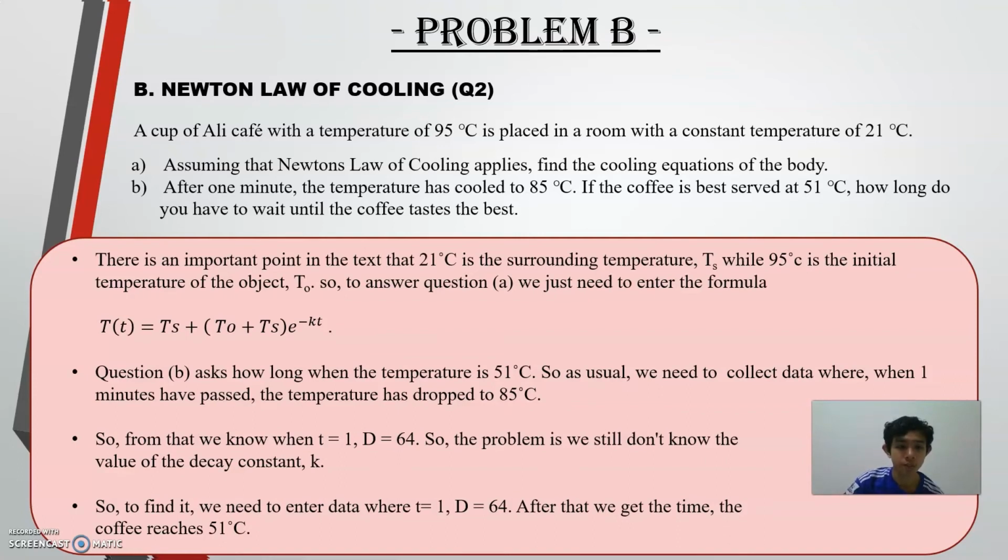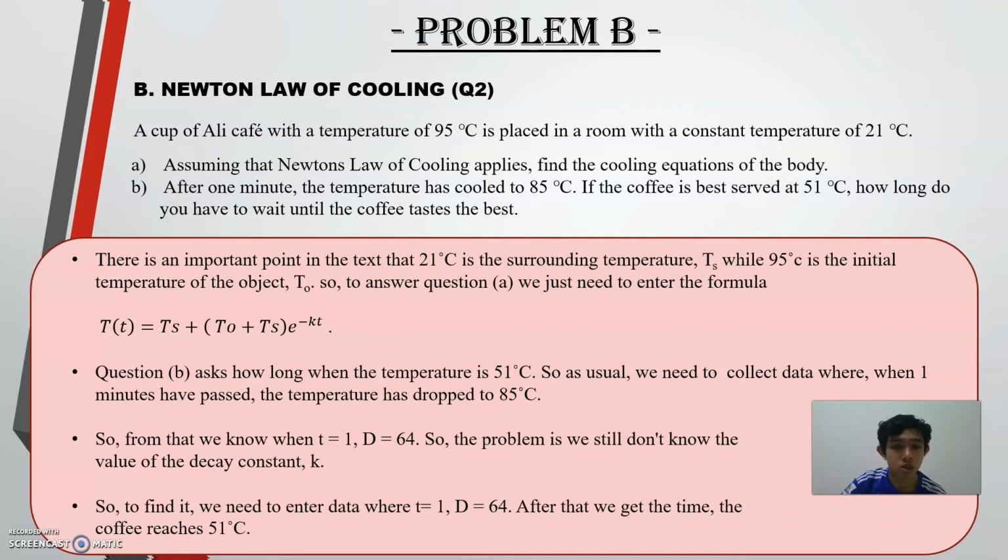until the coffee tastes the best? So the problem is, we can see in the slide there are important points in that text. 21 Celsius means the surrounding temperature, which we can call Ts, and 95 Celsius is the temperature of the object, so we can call it T0.